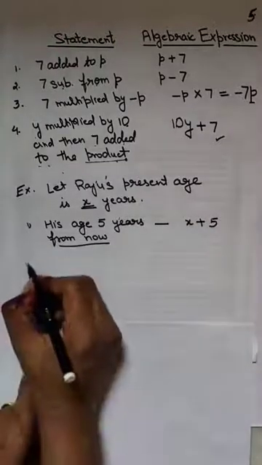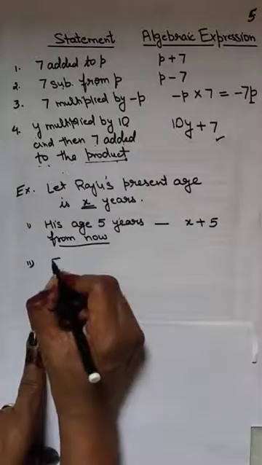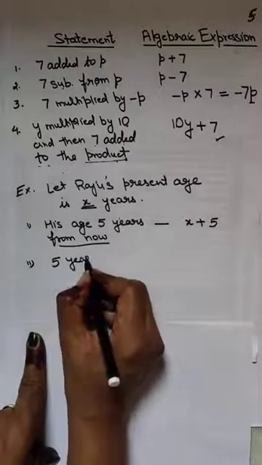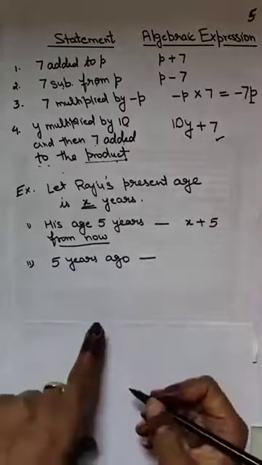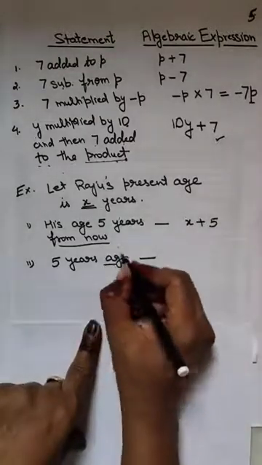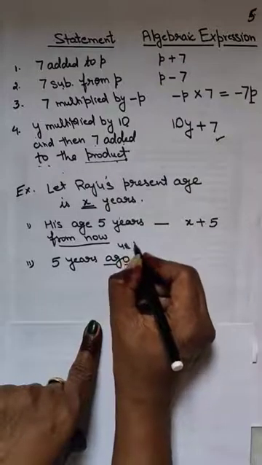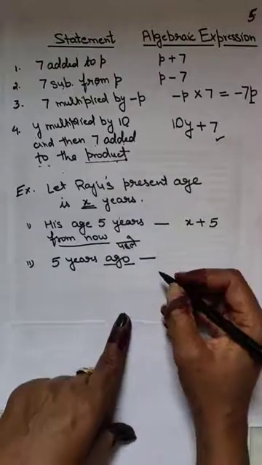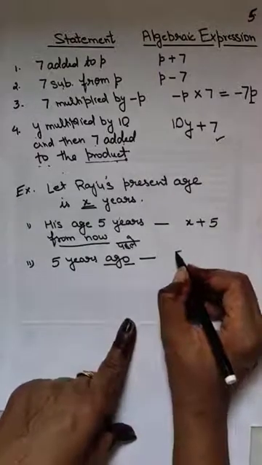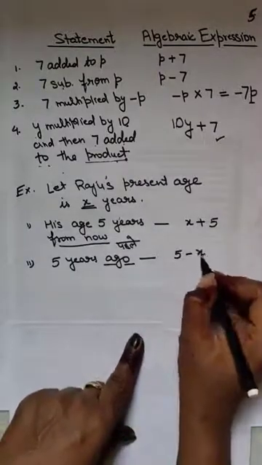What is his age 5 years ago? Ago means pehle. In this question, students normally commit one mistake. They do it like this: 5 minus x.